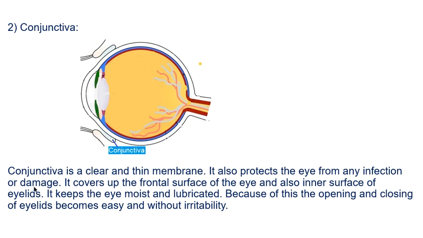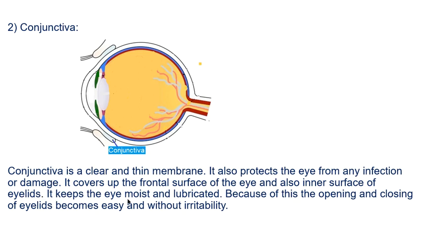Its work is to protect it from any infection or any kind of damage. It covers up the frontal surface of the eye. Fine, it covers the frontal surface of the eye and also the inner surface of the eyelid. These are the eyelids, and the inner surface of the eyelids is also protected by conjunctiva.